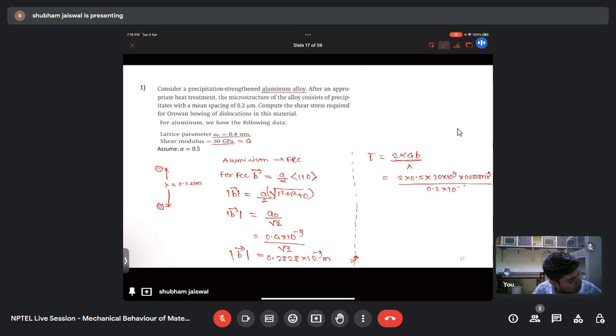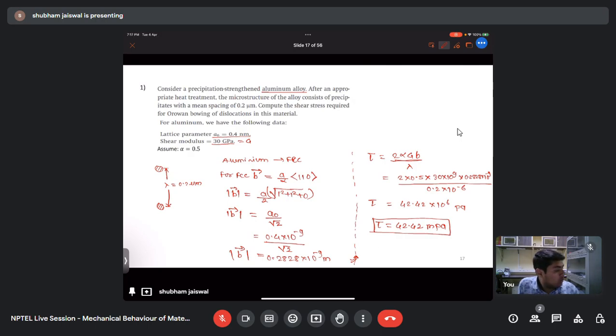So we'll convert it into meter. So we'll get tau as 42.42 into 10 to the power 6 Pascal, or tau equal to 42.42 megapascal. So this is the answer to our first question. Any doubt, like how we have calculated the Burgers vector?